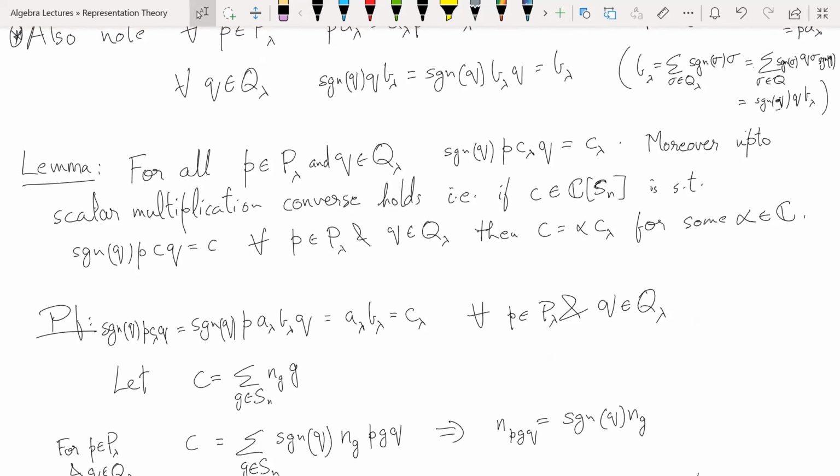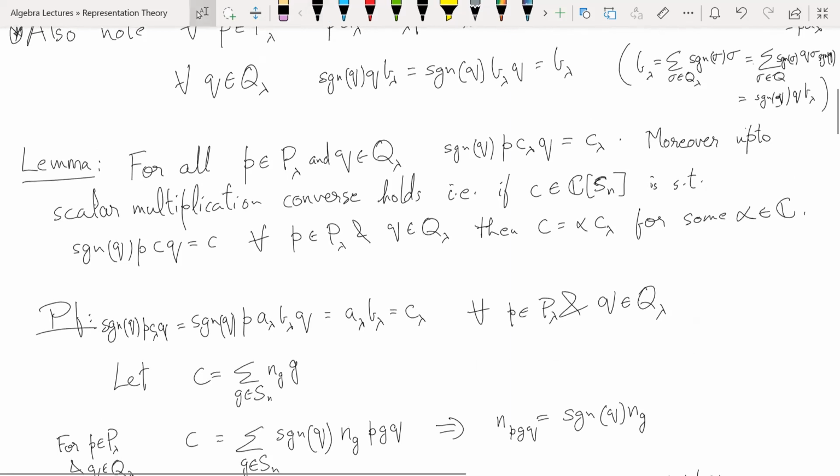Now let's try to prove the converse. We take some element in the group ring, and we assume that this property holds: P C Q times sign of Q is C for all P in P lambda and for all Q in Q lambda.